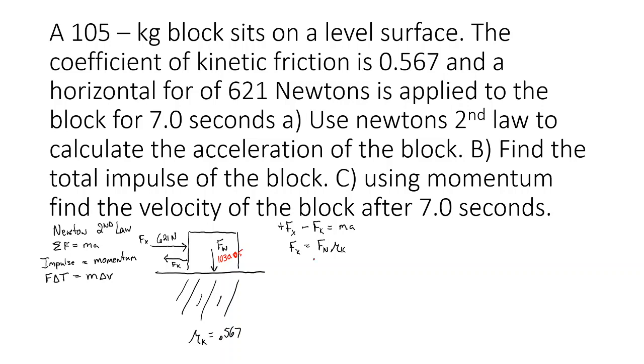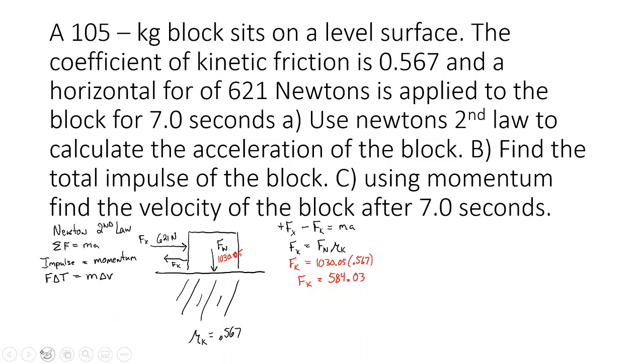Then we'll take that 1030.05 and multiply that by 0.567 to get Fk. So Fk will equal 584. Wow, those are some very, very close numbers we're going to end up with.